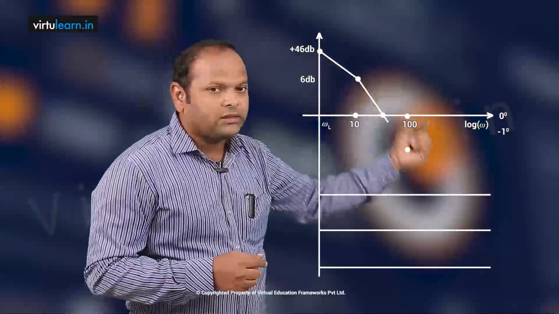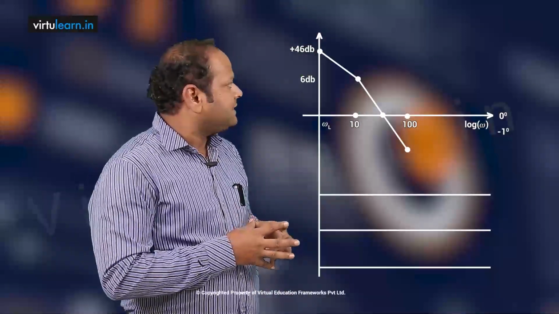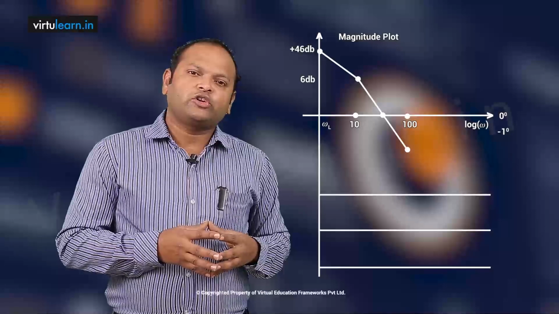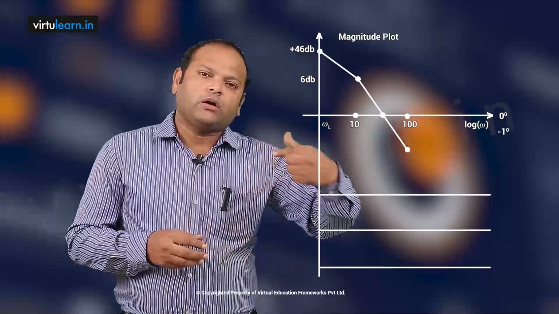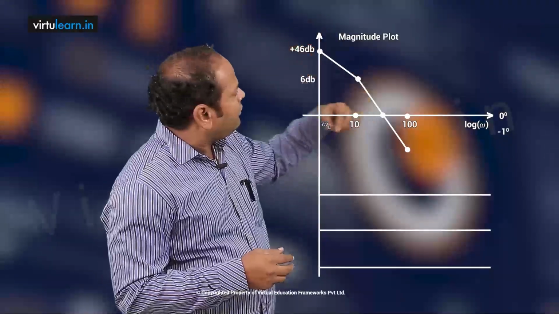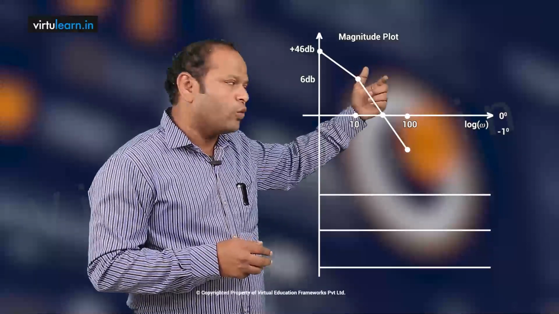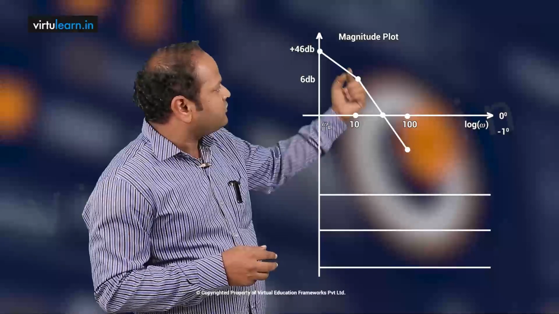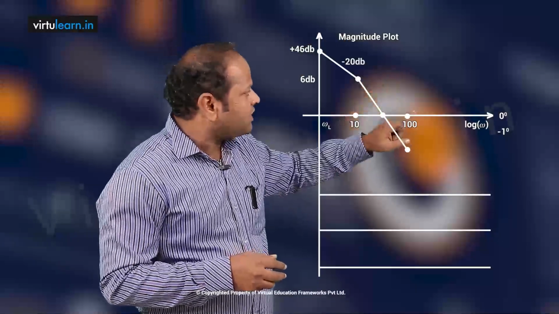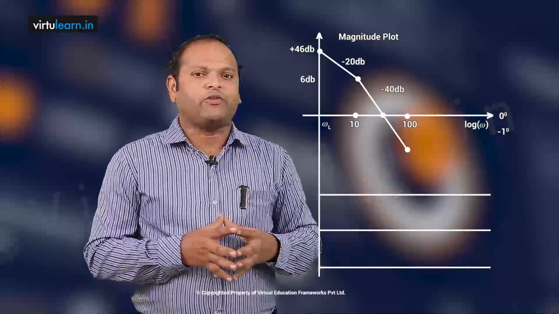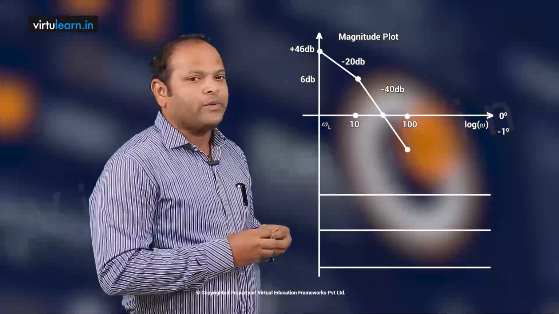Then you join these things. When you join these three, that is the magnitude plot. So after joining, we need to specify what is the corresponding slope. What is the corresponding slope of the first one? Minus 20 dB per decade. What is the corresponding slope for this? Minus 40 dB per decade. Therefore, there are only 2 slopes.